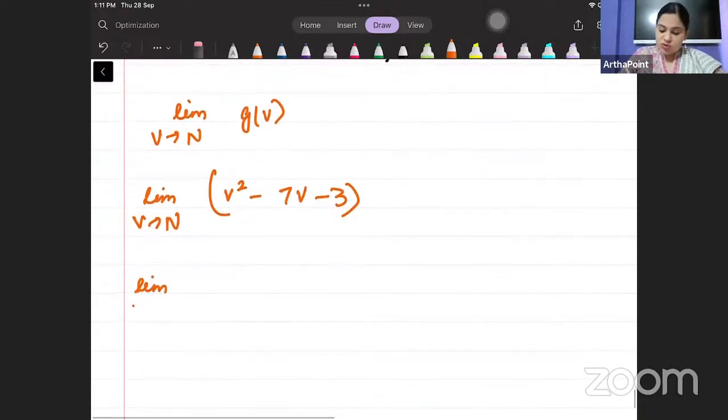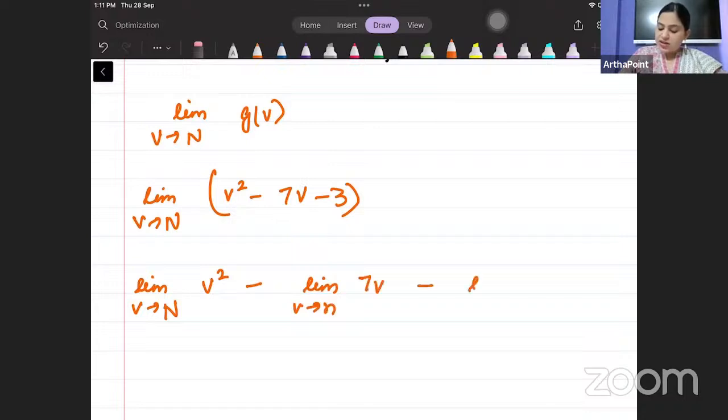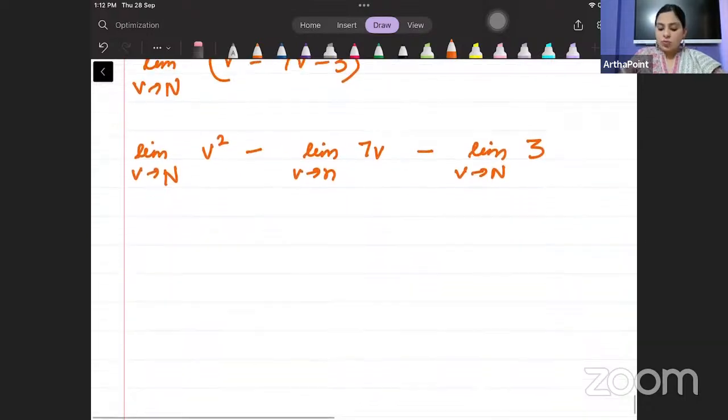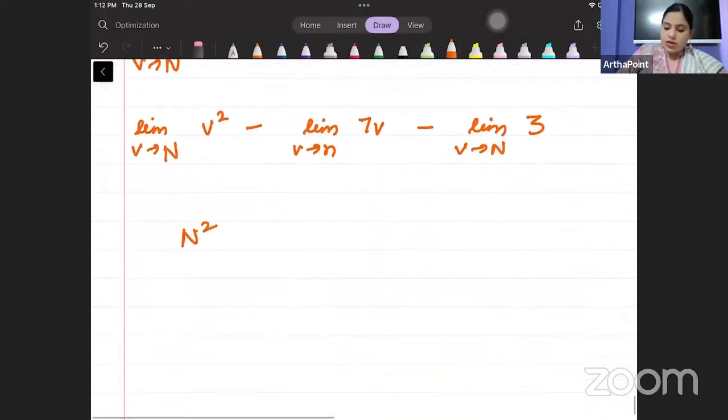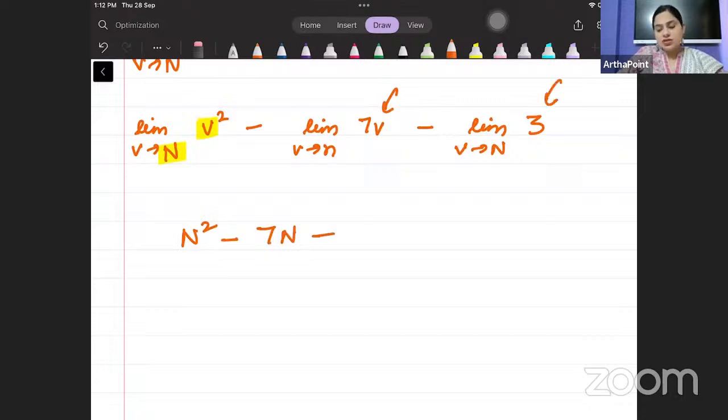So beta, just distribute the limit. Limit V tends to N V square minus limit V tends to N 7V minus limit V tends to N 3. So beta, ये हो जाएगा N square. Instead of V, put N. Minus, this will be 7N. Minus, this is a constant. इसकी limit as it is रहेगी 3.